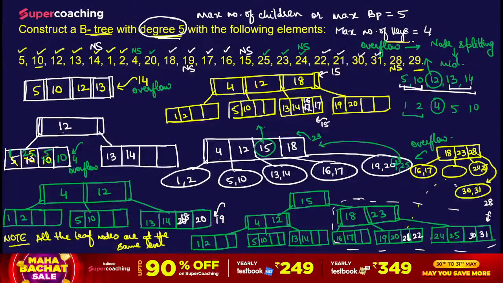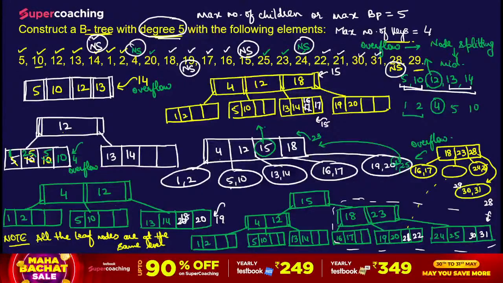This is the resultant B tree. Count the number of node splittings. 1, 2, 3, 4, 5, 6 node splittings are taking place. But definitely such a lengthy question will not come. Now, why is there a need to reduce the number of node splittings?